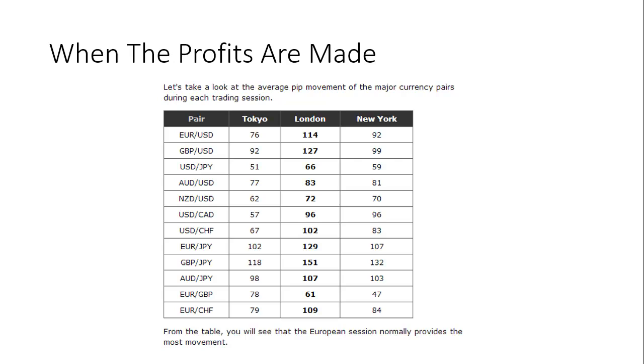Why is that? Well, it's actually when London is on that you get most of the money being traded, because London tends to be the global capital of foreign exchange trading, not New York as some people think.